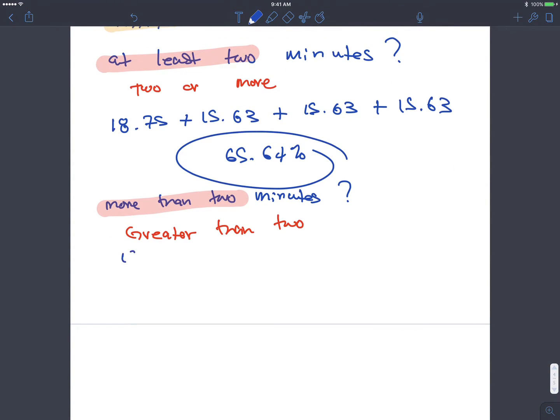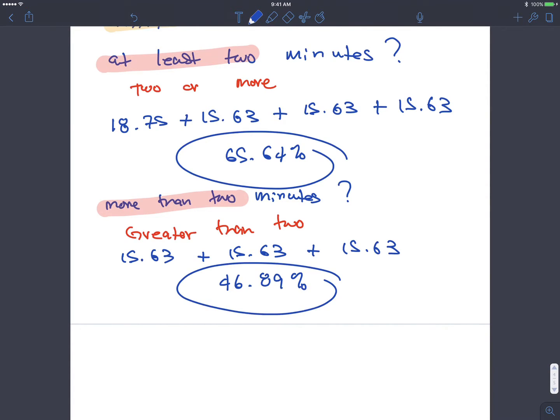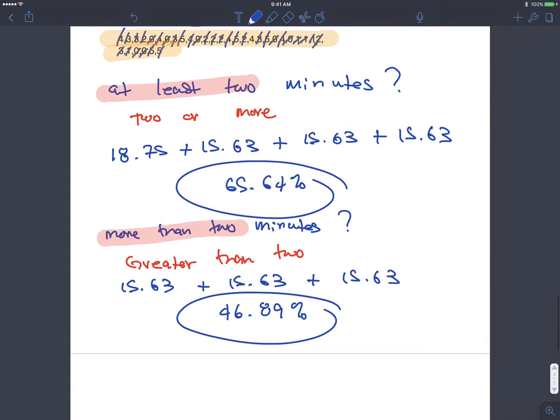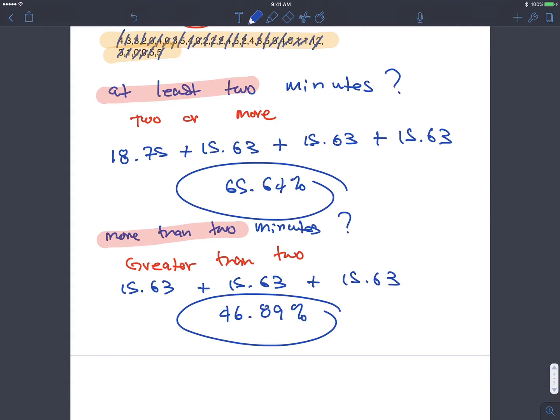So we take 15.63 plus another 15.63 and another 15.63, add those together, and we end up with 46.89%. 46.89% of the sample waited for more than 2 minutes. And let's see what comes next.